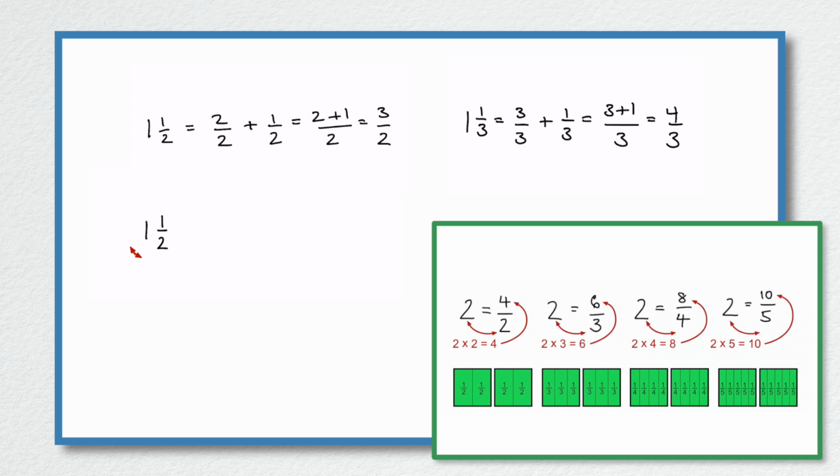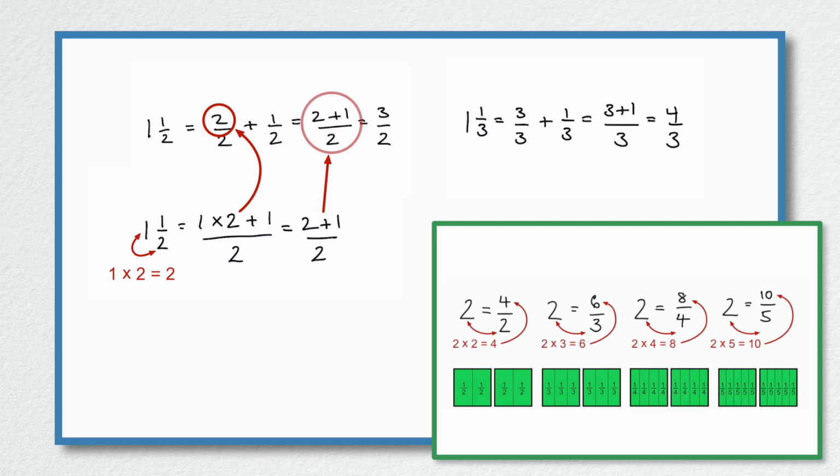If we multiply this 1 here by the denominator, we get 2. 1 multiplied by 2 is equal to 2. And this is producing the numerator for this fraction here. And then we're going to add 1 half. And we end up with 2 add 1/2, which is what we've got over here. And of course the answer is 3/2.